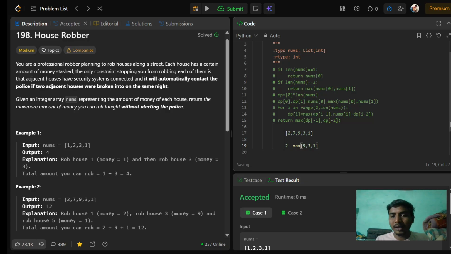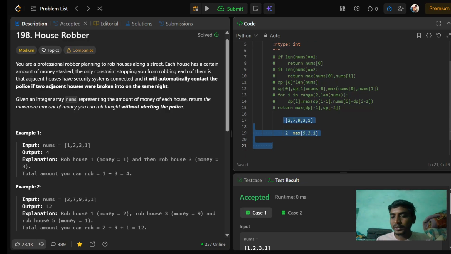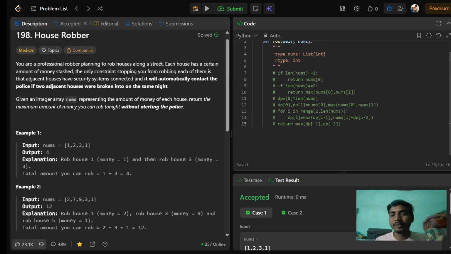And here also it is the same problem as this problem. For here he can rob the 9 and he cannot rob the 3 and he can check the maximum amount from all these houses. It is a recursive type problem. You can also solve this by recursion.